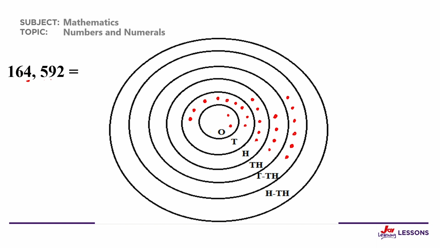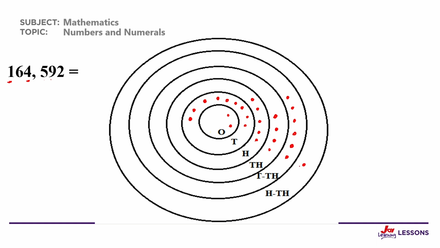And the last one is hundreds of thousand. In the hundreds of thousand, how many are we going to put there? Because the value over there is 1, which represents 100,000, we are going to put only 1 over there.